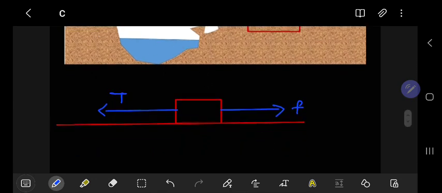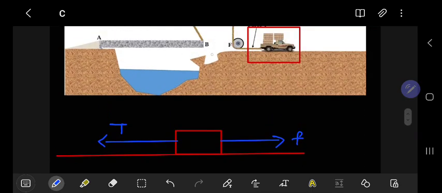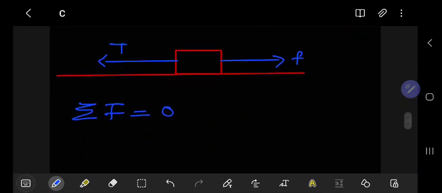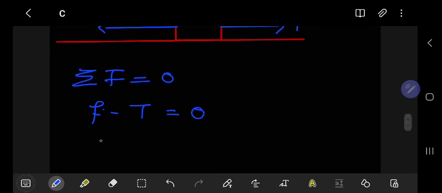So if this is to be in equilibrium, or if the bridge is supposed to maintain its position there, the condition of equilibrium, sum of forces equals 0, must be satisfied. Force of friction is to the right, so we'll take it as positive. The tension is to the left, so we take it as minus, but the two have to be equal. So the force of friction has to equal T.